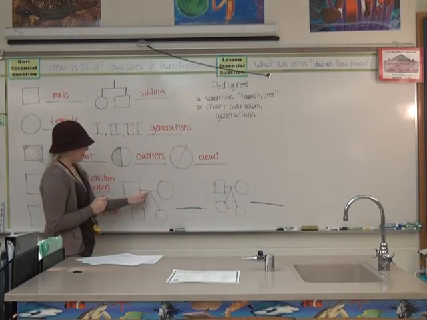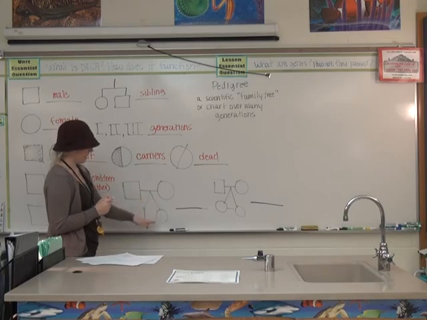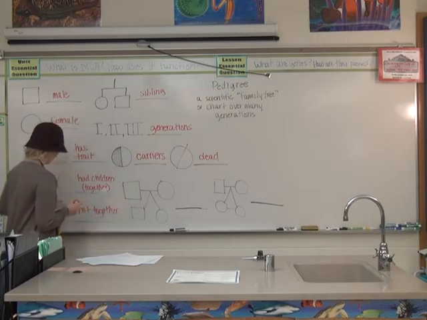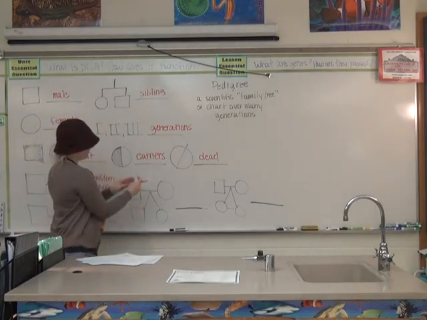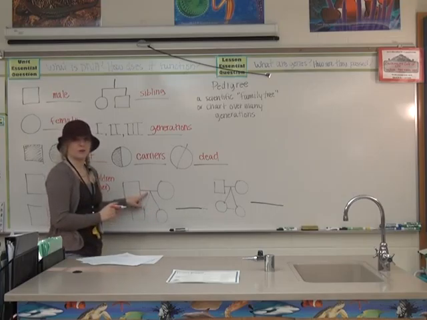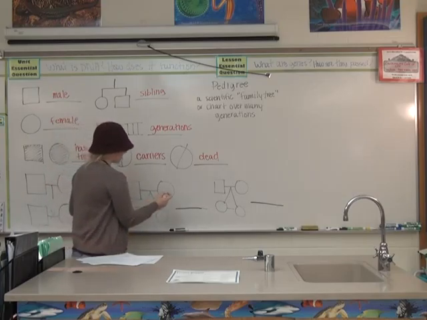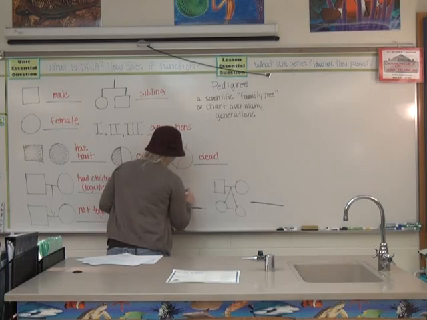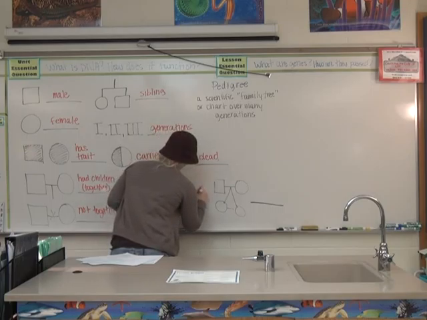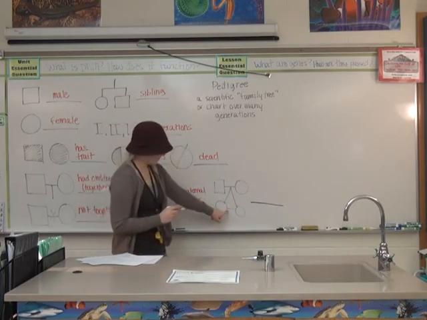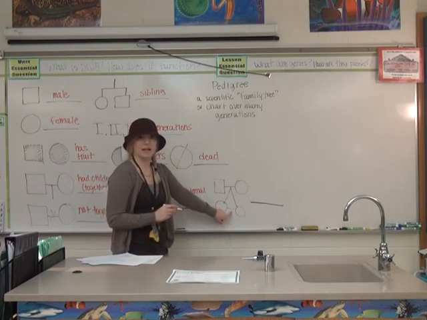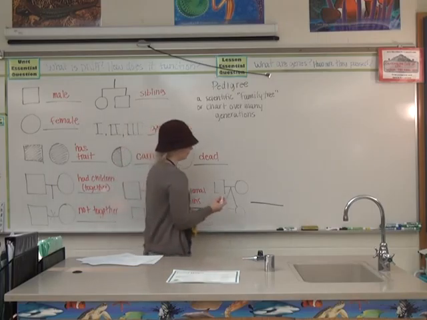When we have parents that have offspring, and those offspring are both connected at the same line, so instead of a line going straight down and then branching off, they branch off together from the original parental line, that is called paternal or fraternal twins. And when they come off together and they have a line connecting between the two, that would be identical twins.